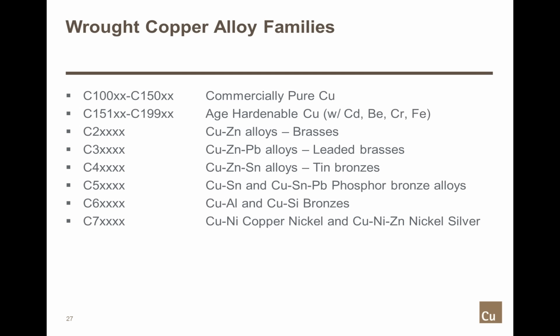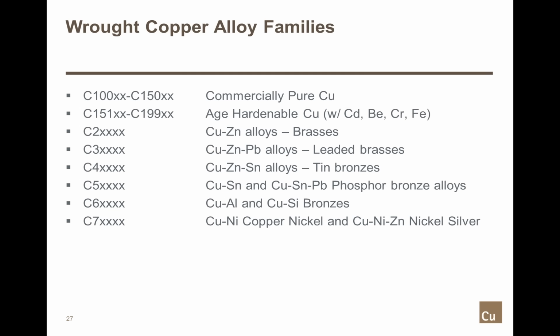If you go to the C2 and 4 numbers series, like C260, XX00, it's a brass. That whole series are brasses. If you go to the group C3 with 4 numbers after that, these are copper, zinc, lead alloys, leaded brasses.